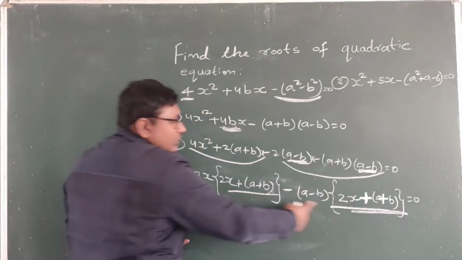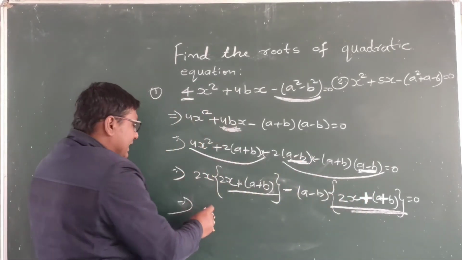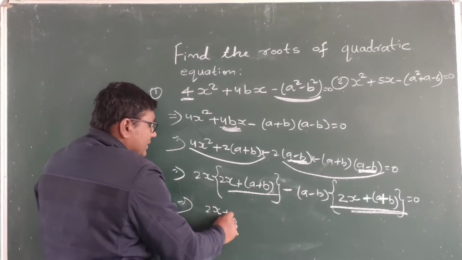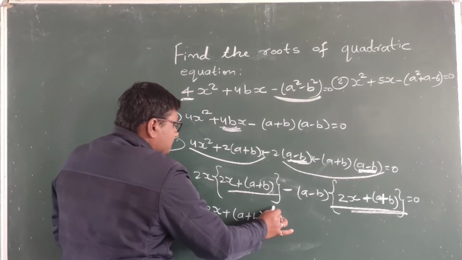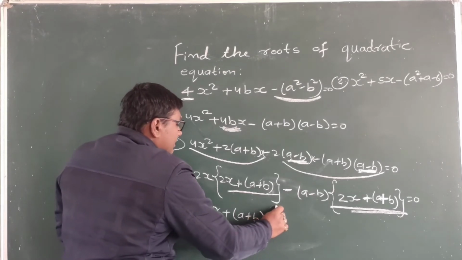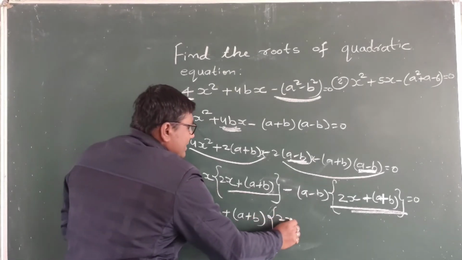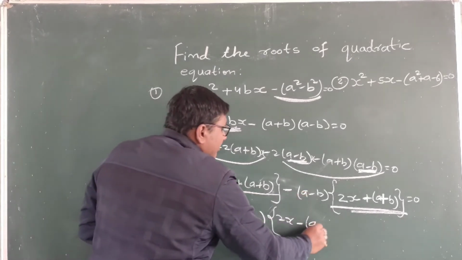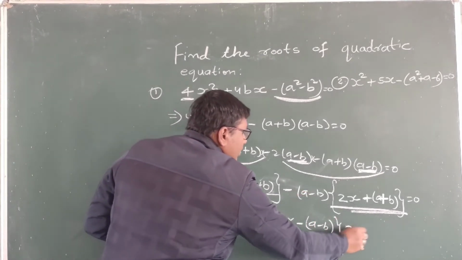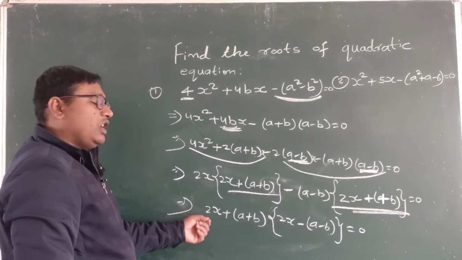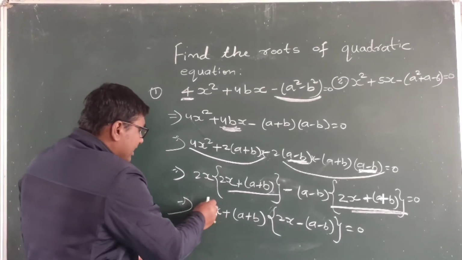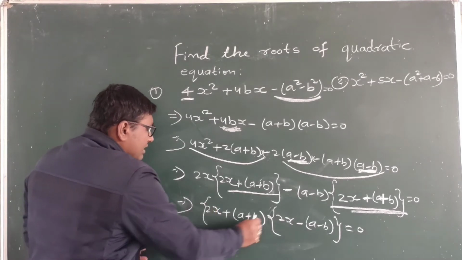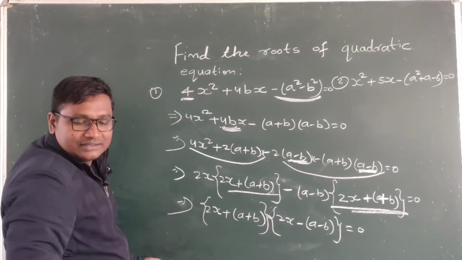Now again these two terms are the same, so again take as a common, 2x plus a plus b. So again what is left? Here 2x minus a minus b is equal to 0. Now solving this, we can easily get the value of x. We can write it also like this.